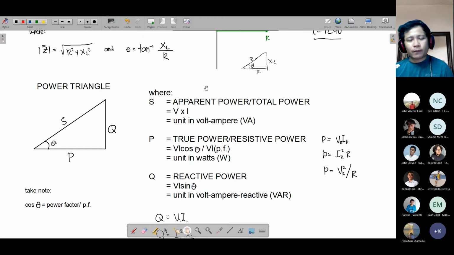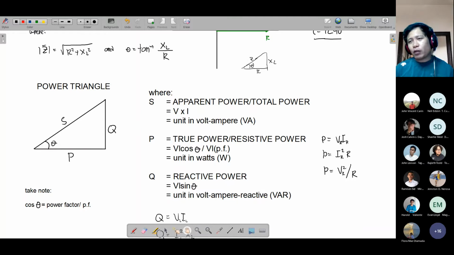The second kind of power is P. P is called the true power, or also called the resistive power. Now, why is P called the true power? Now, this P is your watts. P is called the true power because it is what you pay for.